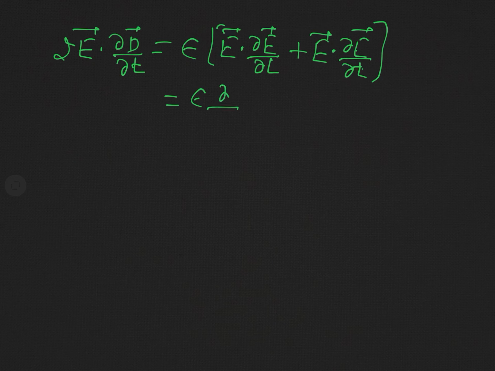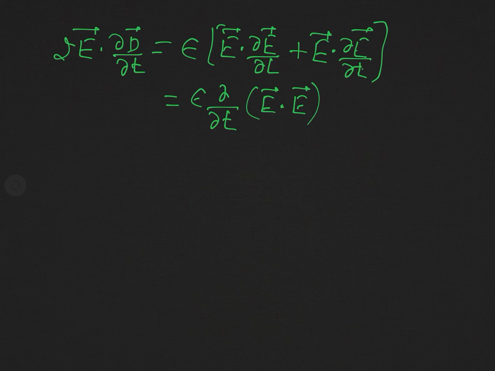Now see the quantity in the square bracket, we can write it as del by del T of E dot E, because there is a product of two functions, and if you take the differential, what will be the result?